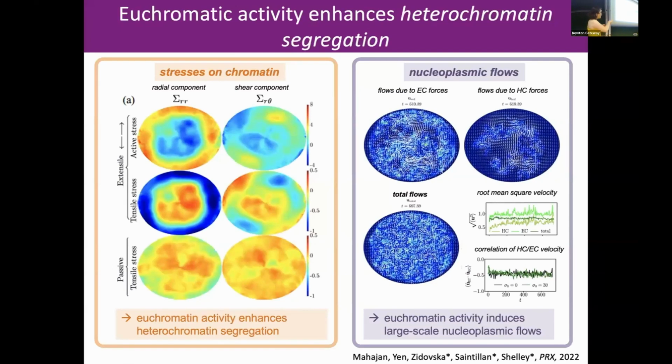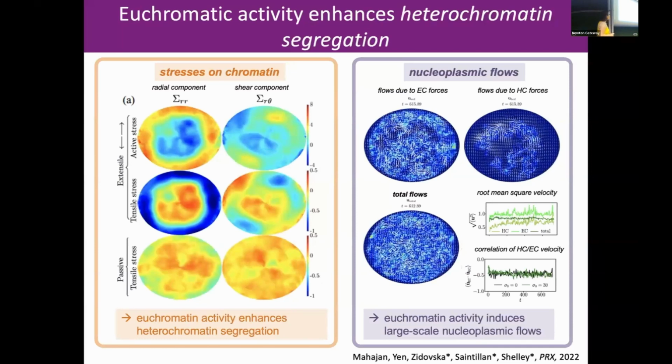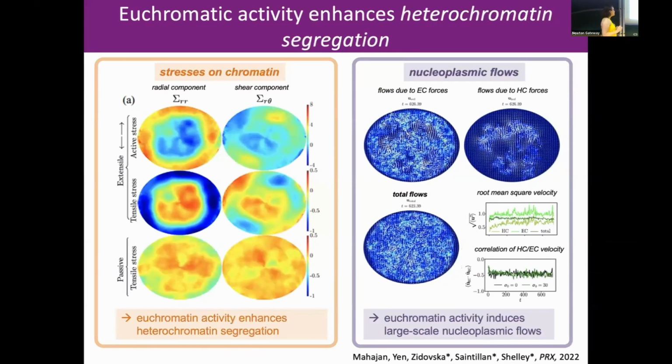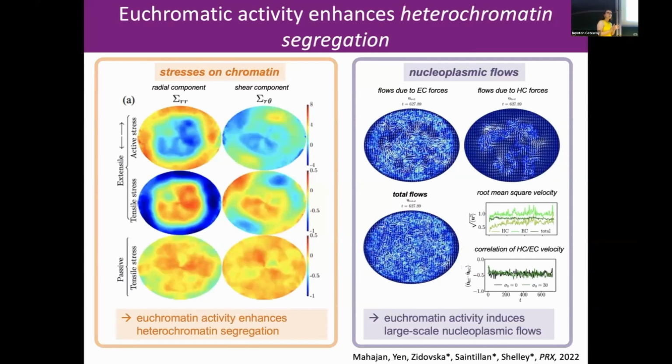And what we find from this analysis is that once you have euchromatic activity present, you start to induce large-scale nucleoplasmic flows. So you start to have flows that are at the scale of your system, large flows across the nucleus.